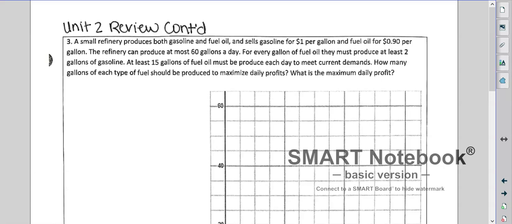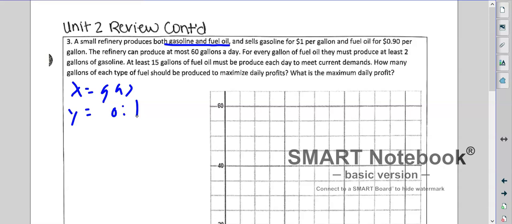Okay, so a small refinery produces both gasoline and fuel oil. Right off the bat, I'm going to say X is gas and Y is fuel oil. Again, you could use G and O if you want to, or G and F, whatever.